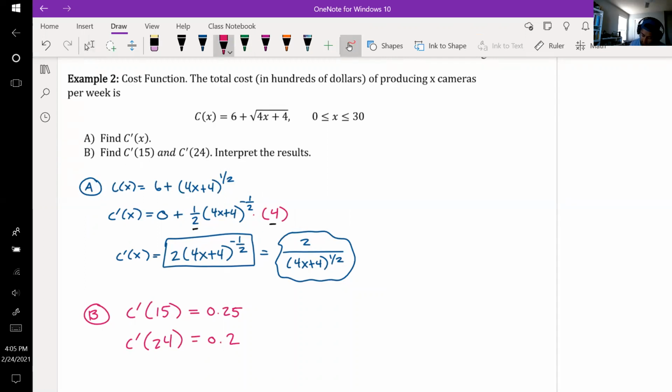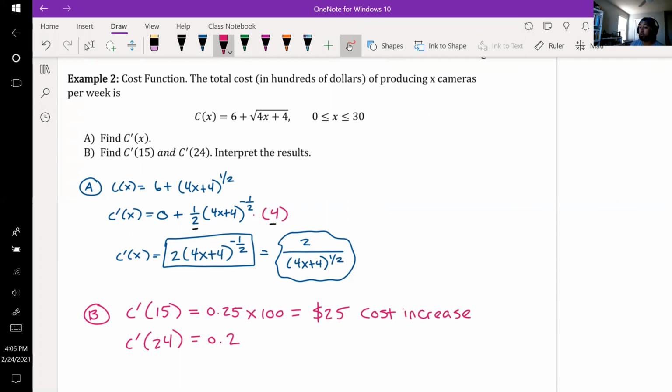25 cents. But remember, this is in hundreds of dollars. So if we multiply that by 100, we'll get what? 25, right? So at 15 cameras, cost will increase by $25 per camera.